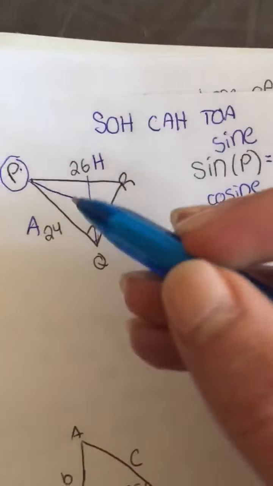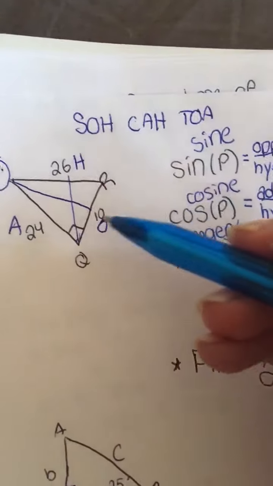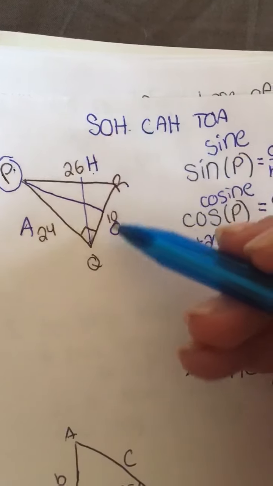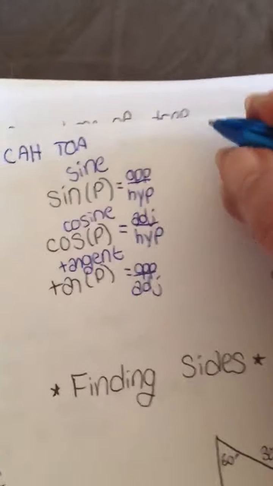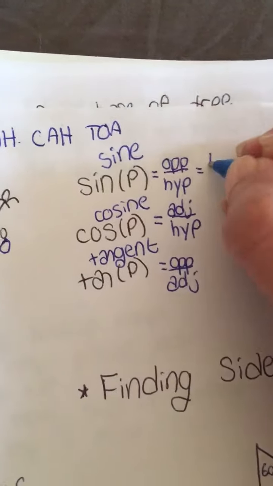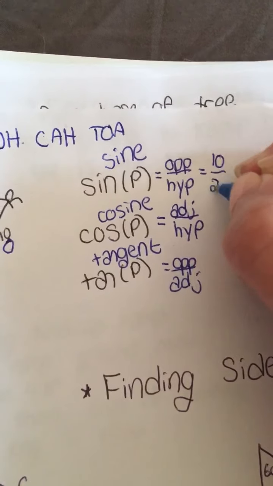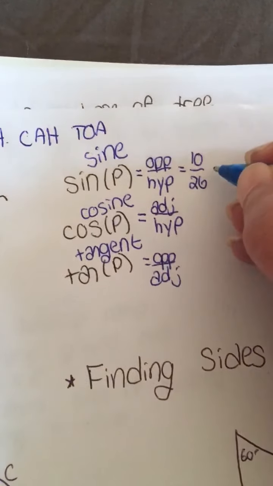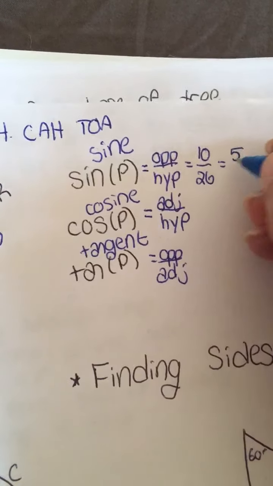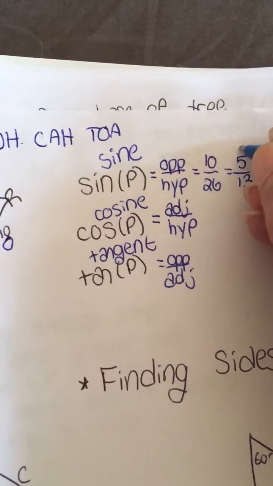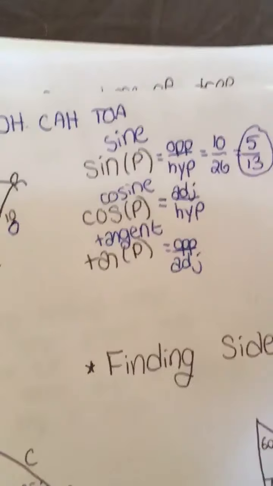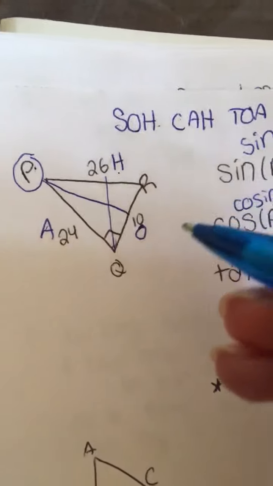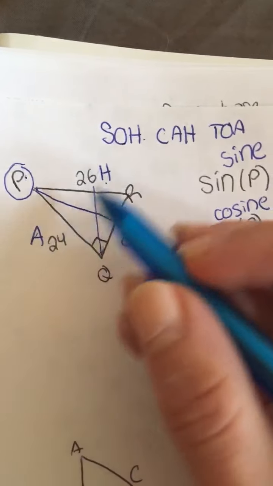So if we want the sine of angle P, it would be opposite over hypotenuse, O over H. That's 10 over 26. Now, if you can simplify the fraction, go one more step. So you can divide both of those by 2, giving you 5 over 13 for the sine of angle P. For cosine of angle P, you're taking adjacent over hypotenuse.